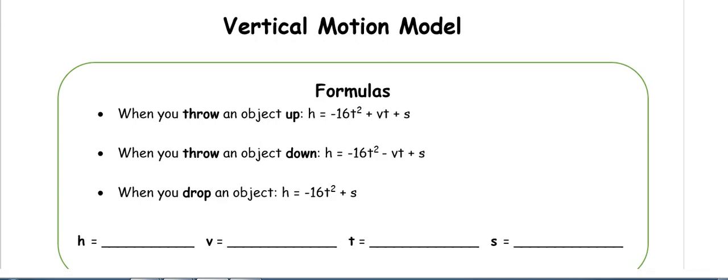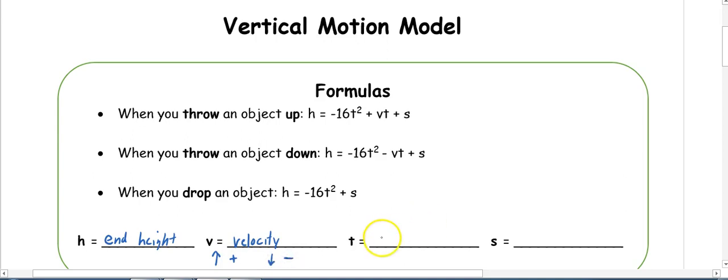So what do all these variables mean? Well, H is going to represent our end height. V is going to represent the velocity when we have a throw equation. Remember that if we are throwing something up, it's going to be positive, and if we throw something down, it's going to be negative.